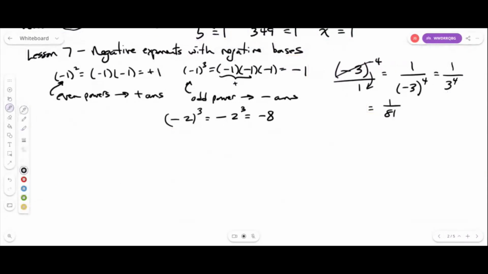Okay, then we started applying our exponent ideas. And the first thing we did to apply was scientific notation.